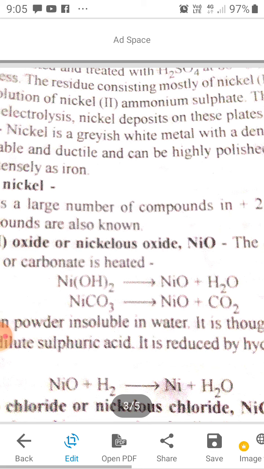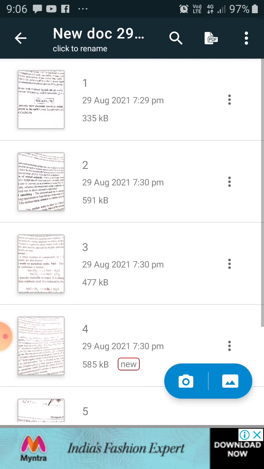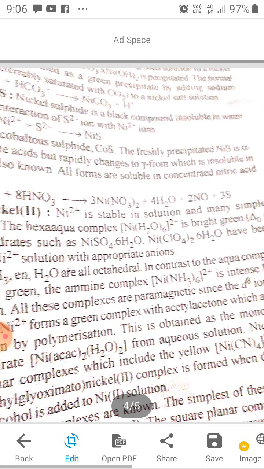Then we have nickel sulfate. Nickel sulfate is produced by the reaction of nickel carbonate with sulfuric acid. Then we have nickel carbonate.